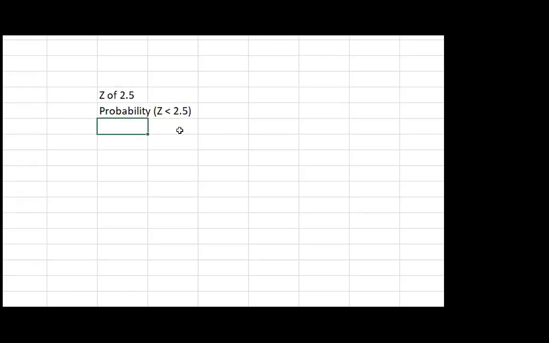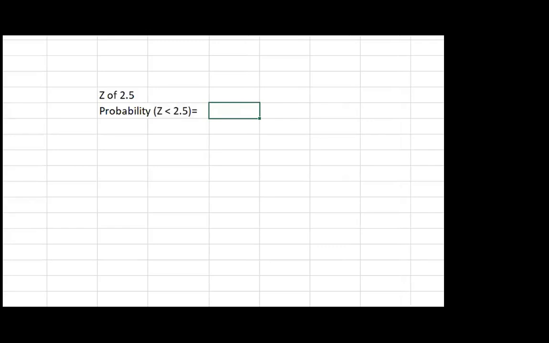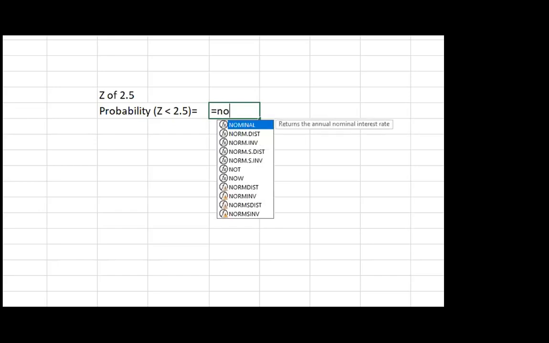We can click here, say it's equal to, and calculate it. Excel always gives us the less than. So you just type a norm and a couple of different values come up. Let's see which one helps us.